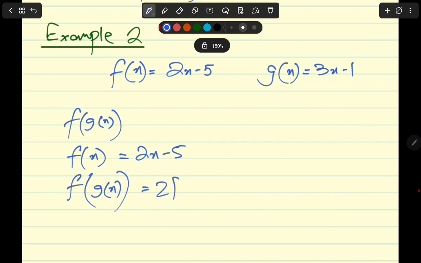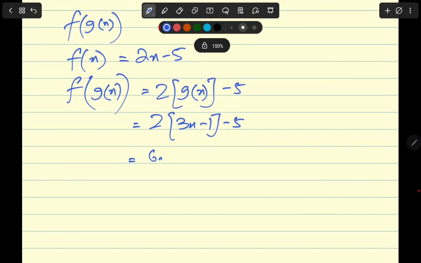So in place of x, I will write g of x, and g of x is nothing but 3x minus 1, minus 5. So f of g of x is going to become 6x minus 2 minus 5, which is 6x minus 7.